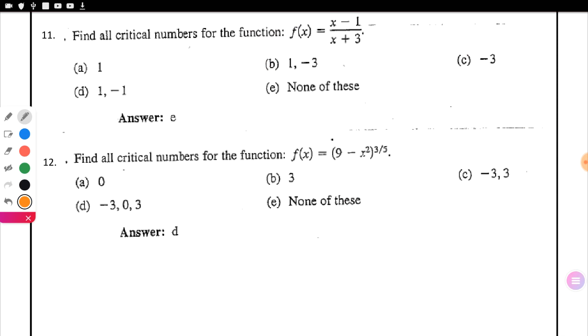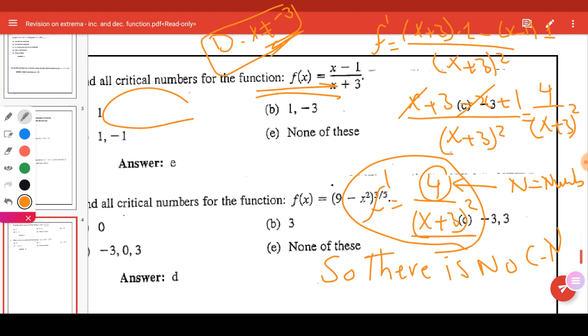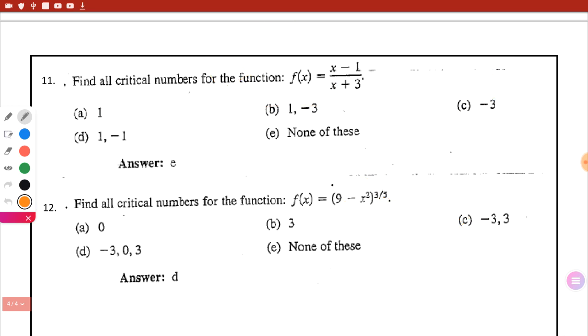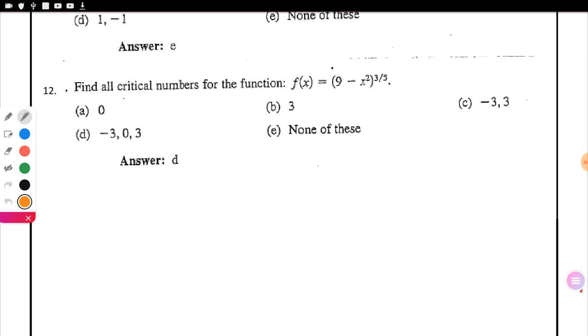Here, find all critical numbers for the function f(x) equals (9 minus x squared) all to the power 3 over 5. Okay, find the first derivative. I'd like to have enough space for the answer, maybe this is the last question.